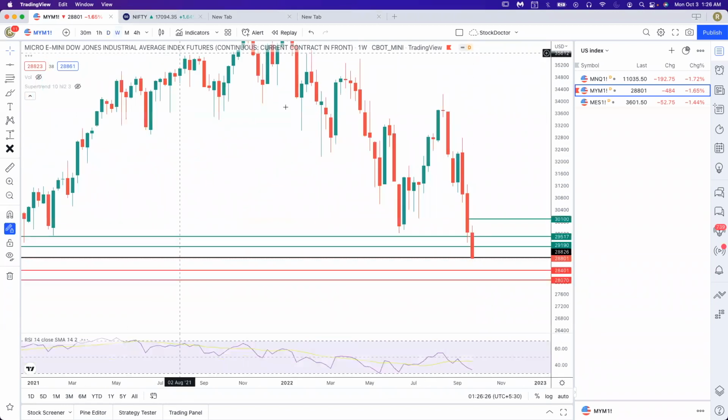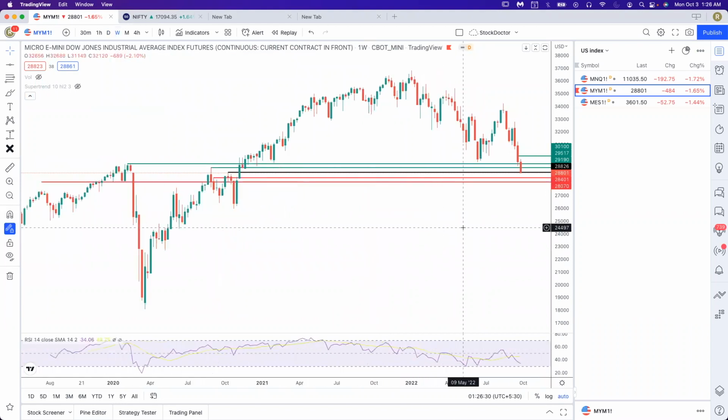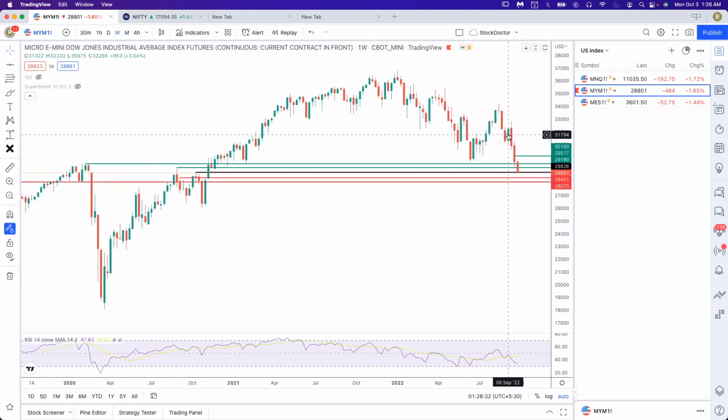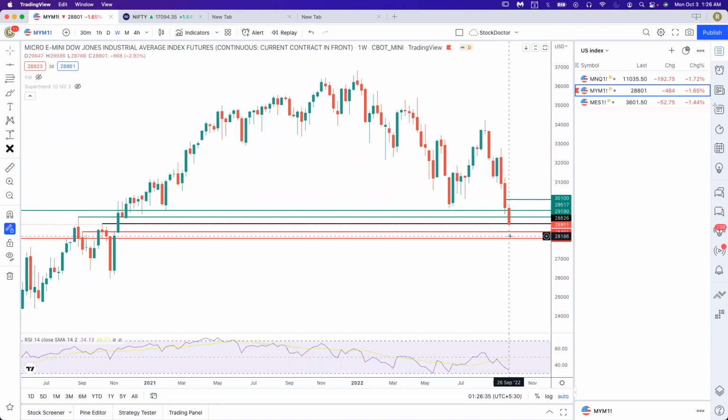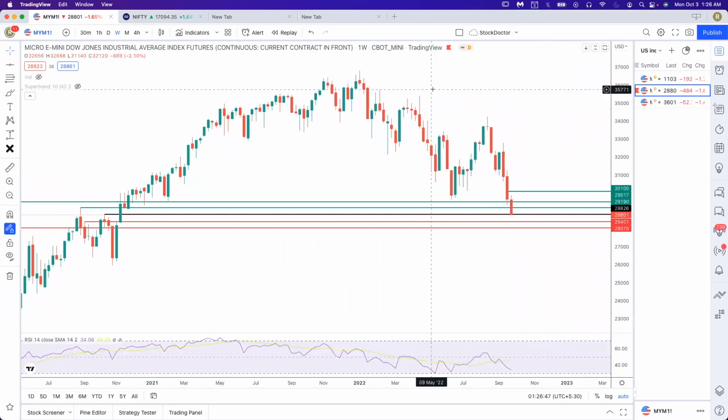If we see the weekly candle, wow, it is very painful here. You might see some upside. That upside we need to consider as a good opportunity to sell, whenever we see the upside.